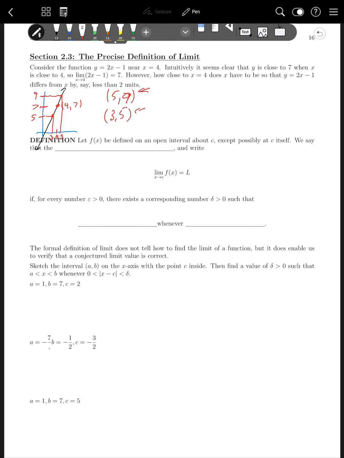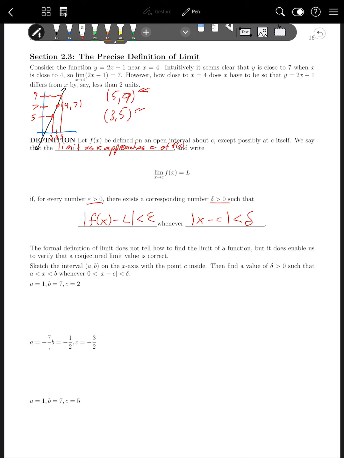We say that the limit as x approaches c of f of x equals L if for every number epsilon greater than 0, there exists a corresponding number delta greater than 0, such that the absolute value of f of x minus L is less than epsilon whenever the absolute value of x minus c is less than delta. These are the lowercase Greek letters epsilon and delta.